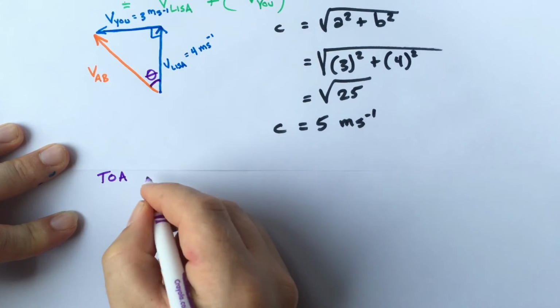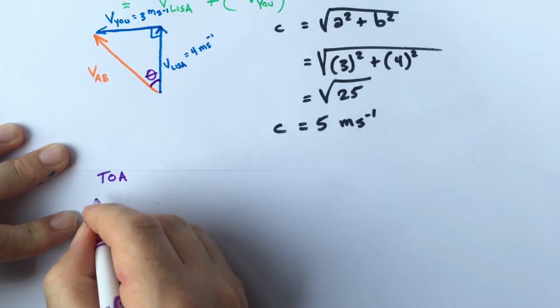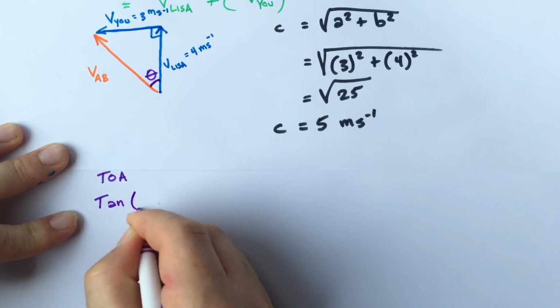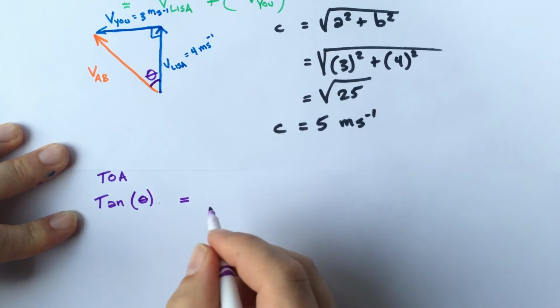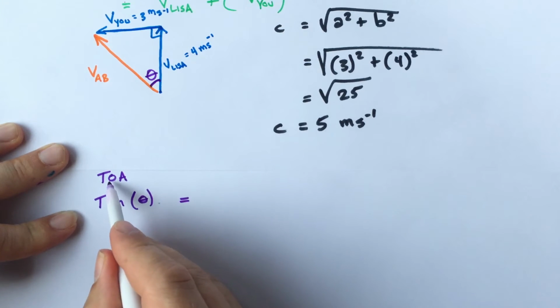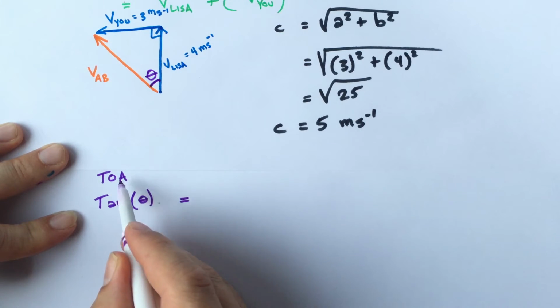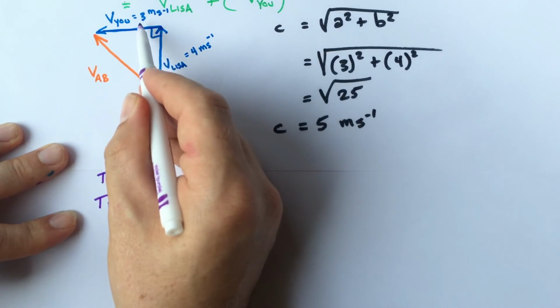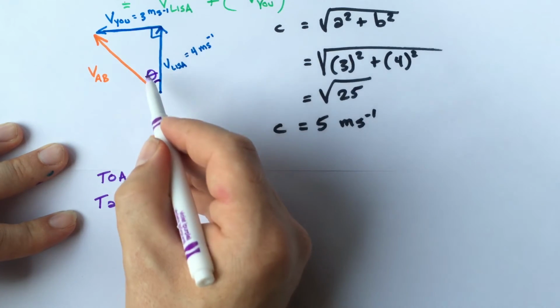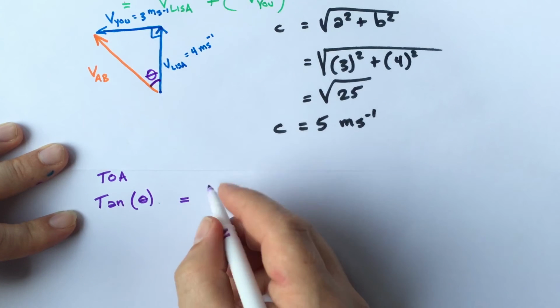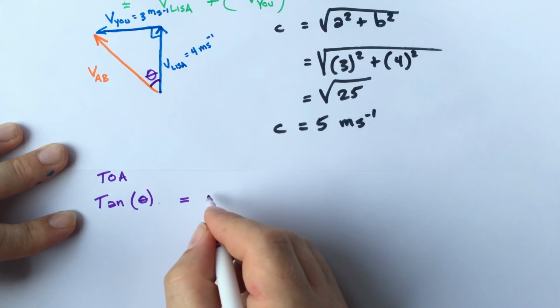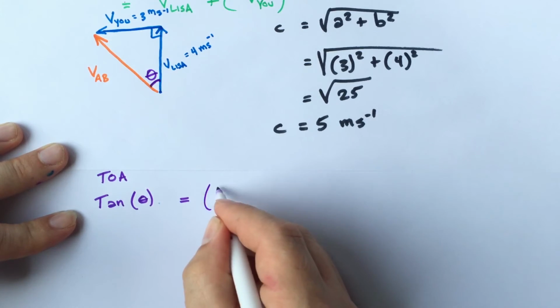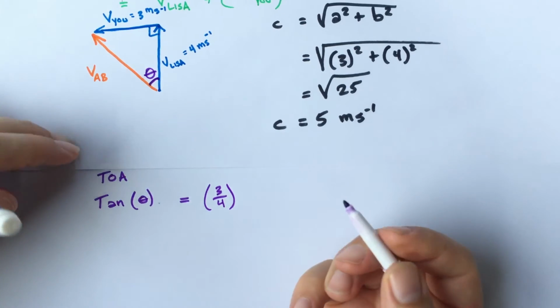TOA means that the tangent of theta is equal to the opposite divided by the adjacent. And in our problem, the tangent of theta will equal the opposite, which is 3, divided by the adjacent side, which is 4. So the tangent of theta in our problem is equal to 3 over 4.